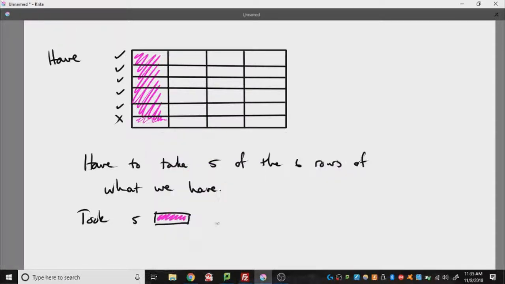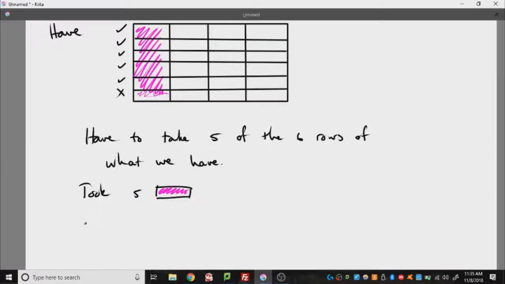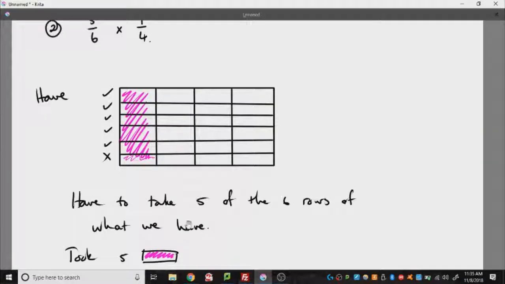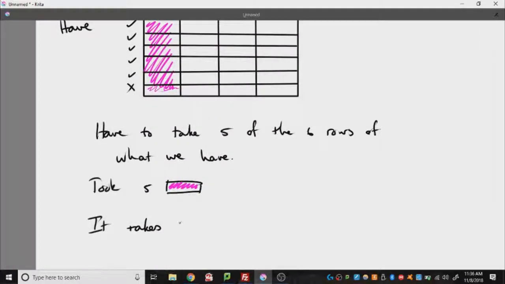Now, what is a little piece relative to the whole rectangle? So that's a sentence that might be nice to write. It takes, in general, how many? It's going to be 24. 24 little pieces to make a whole rectangle.